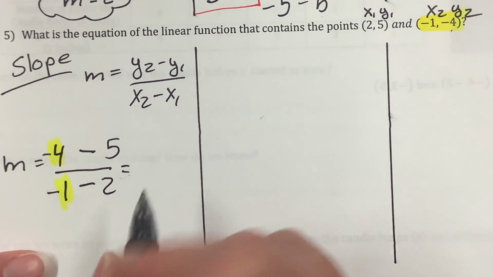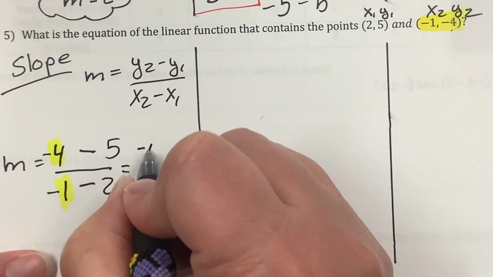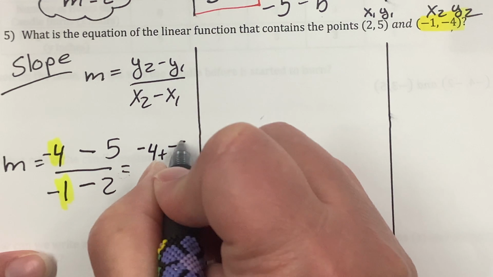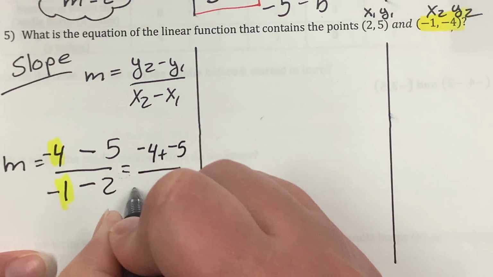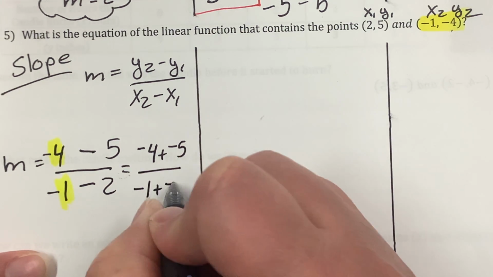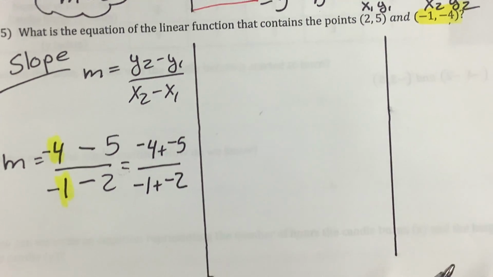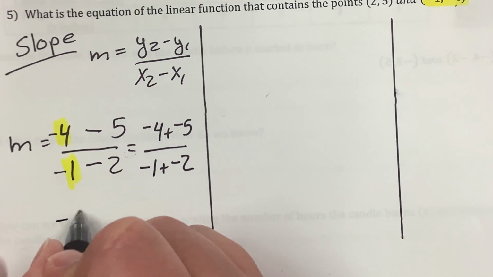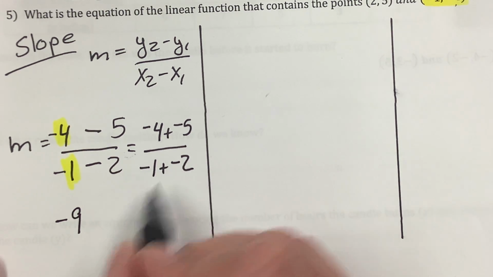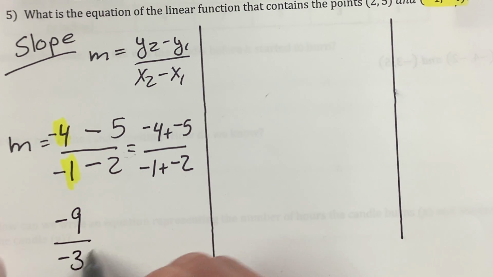You know, I'm going to do a keep change here. Negative 4 plus negative 5 over negative 1 plus negative 2. Negative 4 plus negative 5 is negative 9. Negative 1 plus negative 2 is negative 3.